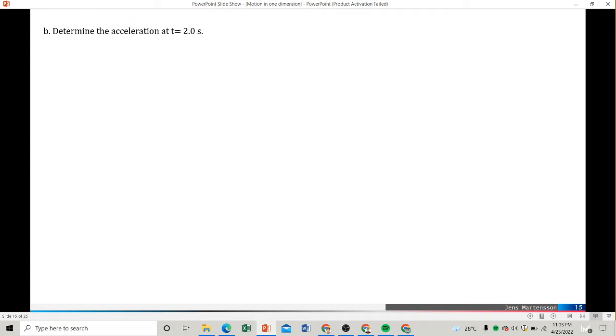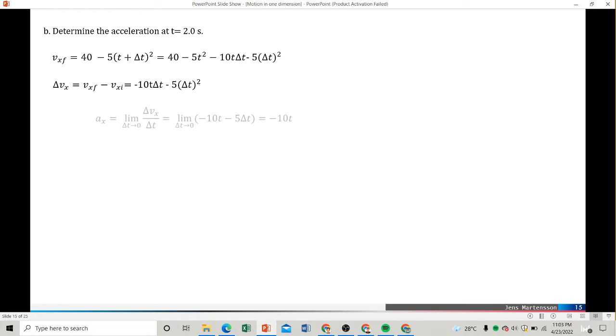Now, for B, determine the acceleration at time equal to 2 seconds. We know that to get the final velocity, the time has changed from the initial time, right?